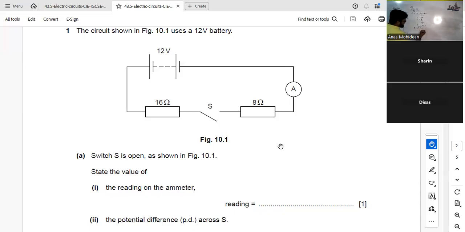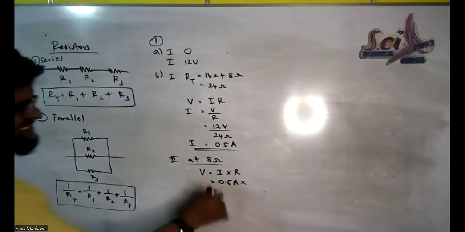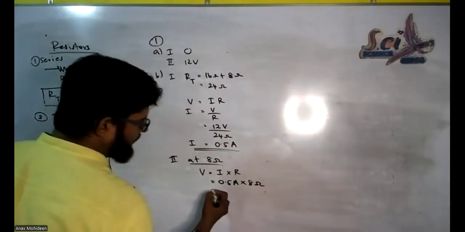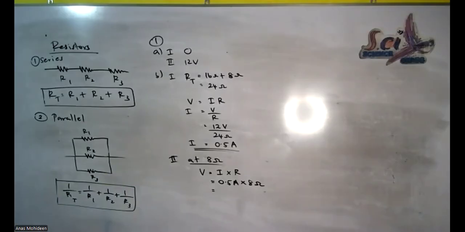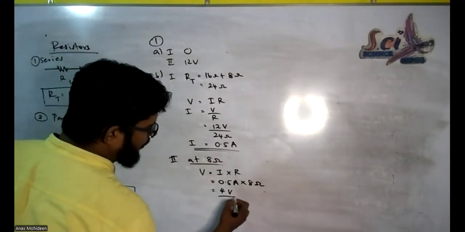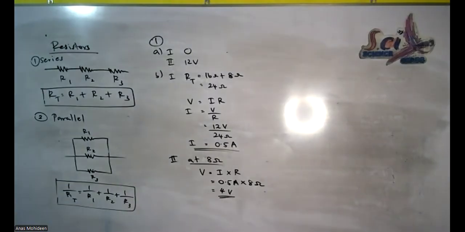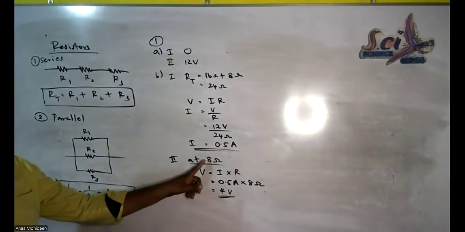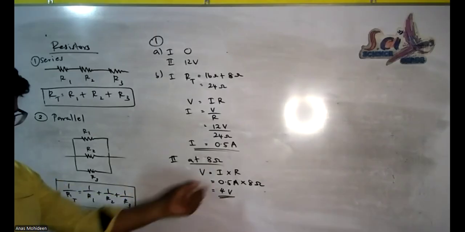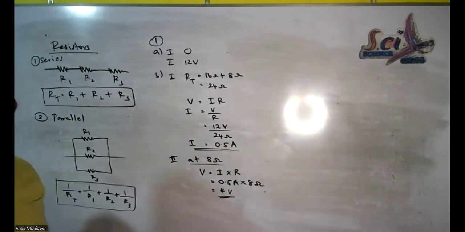V is equal to I into R. Current is 0.5 amperes, the same current passes, and the resistance is 8 ohm. 0.5 into 8 means half of 8, which is 4 volts. So out of the 12 volts given, 4 volts are used at the 8 ohm resistor. That means the remaining 8 volts should be at the 16 ohm.